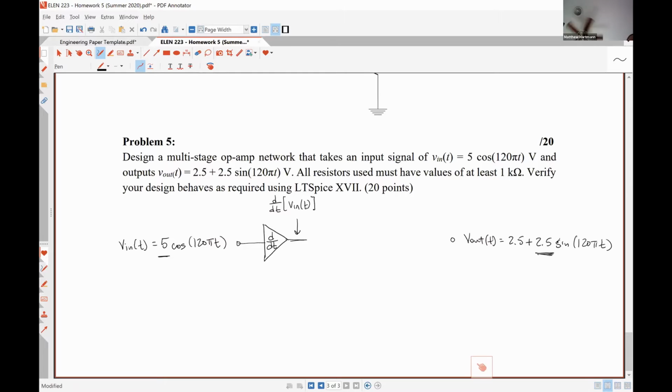All right, so we have effectively at this point at least figured out some means by which to convert the cosine signal into a sine signal. How are we going to introduce a DC offset? So effectively, what are we going to do to put that 2.5 volt signal into our output?